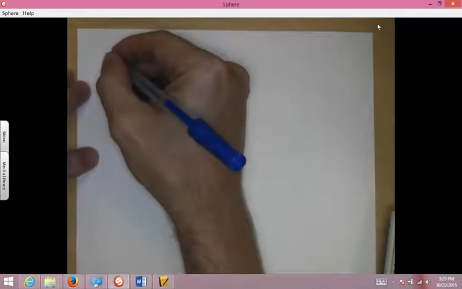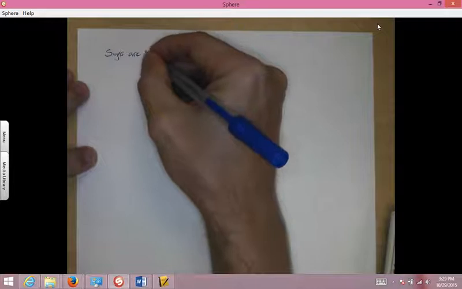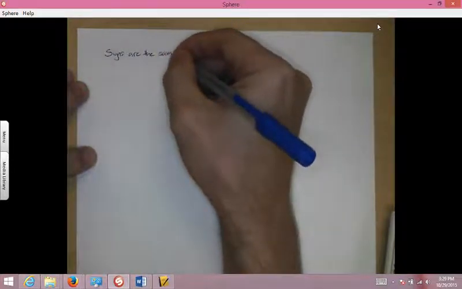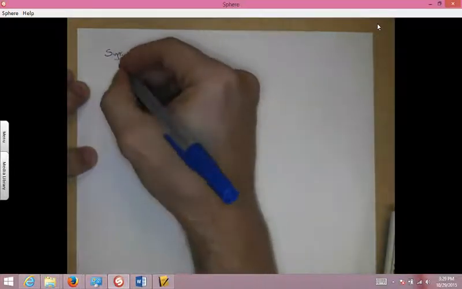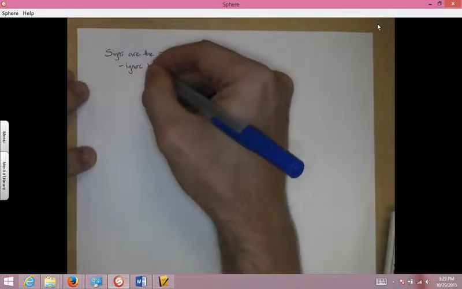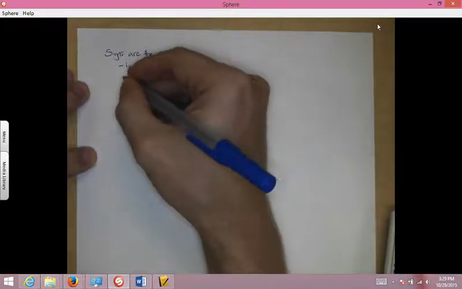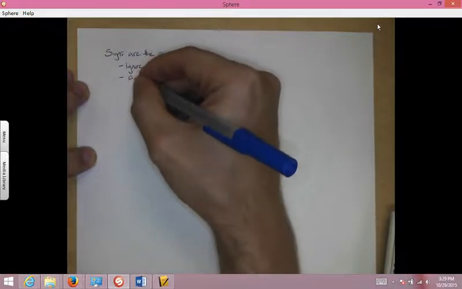So the first things first, adding integers when we have the same signs. If the signs are the same, what you're going to do is ignore the sign at first. Then you're going to add the integers.